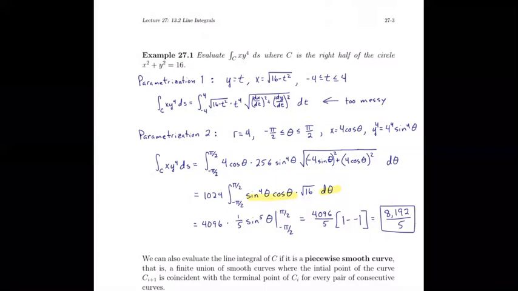The integral of that is 1/5 sine to the fifth theta, evaluated from negative pi over 2 to pi over 2, maintaining our constant multiples up front. And the result of this is 8,192 over 5. So this is our line integral over the right semicircle in the plane with radius 4.